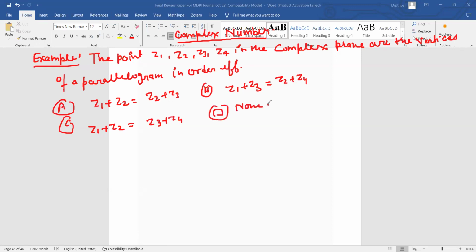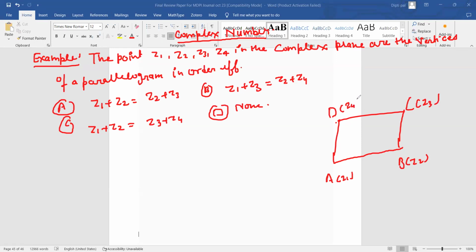So firstly, how do we show this? There are 4 points in a complex plane, and this will be a parallelogram. So we have a parallelogram like that. Suppose this is A of Z1, this is B of Z2, this is C of Z3, this is D of Z4.